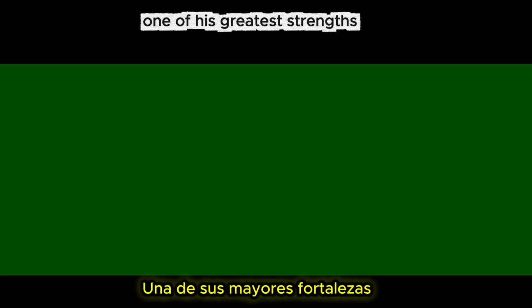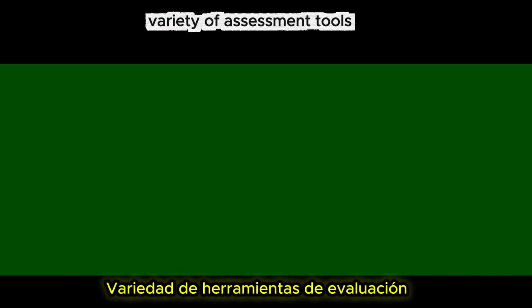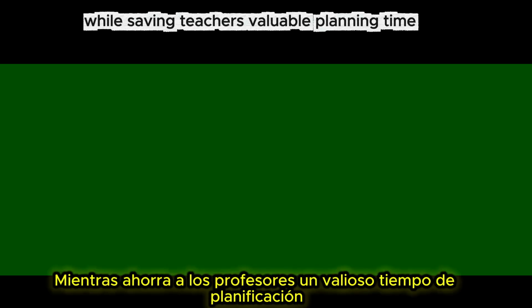After exploring Brisk AI, I identified several strengths as well as a few limitations. One of its greatest strengths is the ability to quickly generate a wide variety of assessment tools while saving teachers valuable planning time.